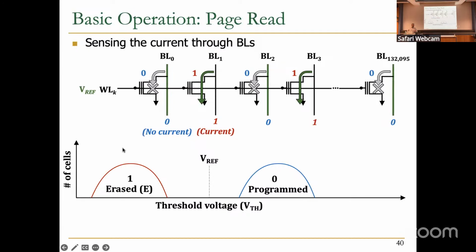If this bit line is discharged, like here, it means that this cell has acted as a resistor, which means applying the reference voltage actually turned on this transistor or cell, which again means that this cell has not been programmed, is already erased. And then you can encode it as 1. Other cells, when the current doesn't flow, you encode as 0, for example. There is a sensing circuitry here that understands whether or not the current flows, but that part we're going to see later. Make sense?